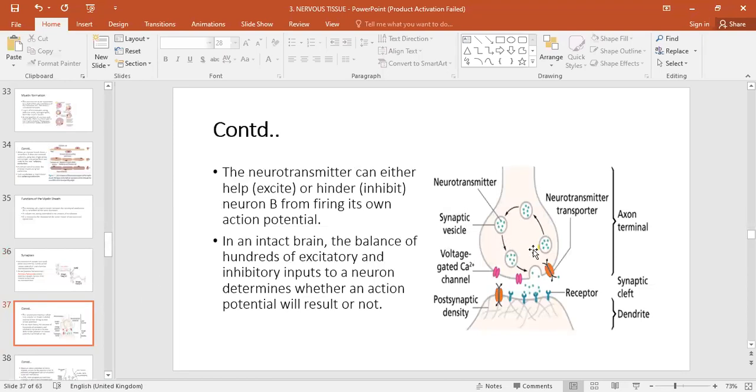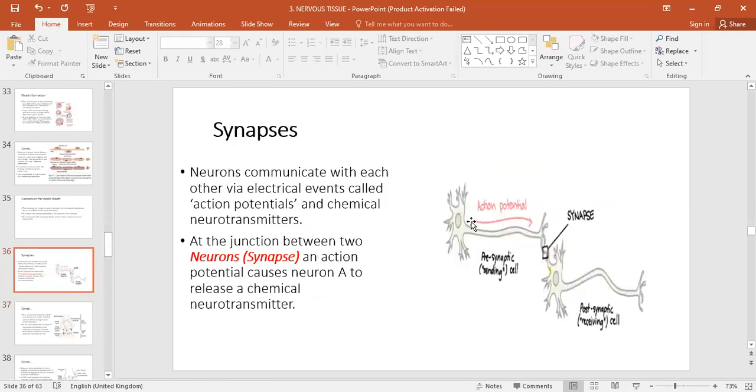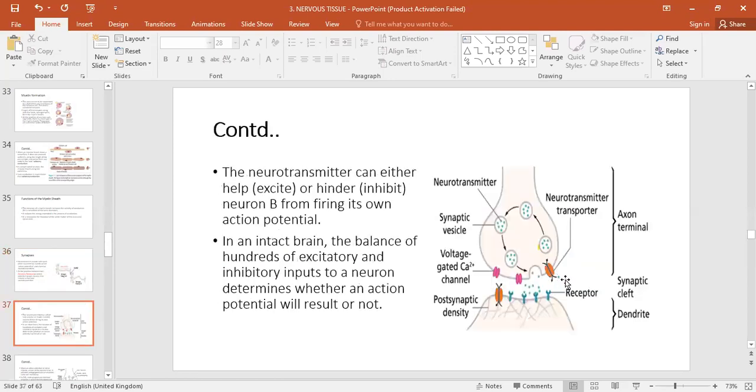When those neurotransmitters are stored here, when an impulse comes on the cell membrane of the axon and reaches the terminals, the electrical impulse stimulates the stored neurotransmitters to be secreted into the synapse. Once that occurs, the next cell will be stimulated also.